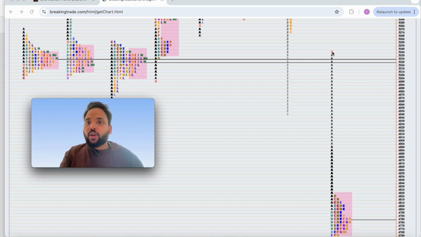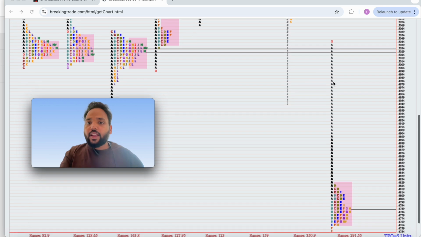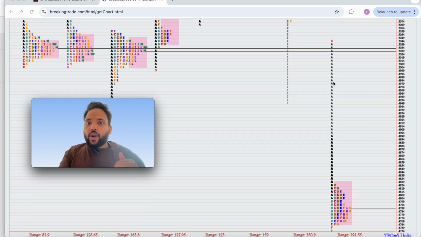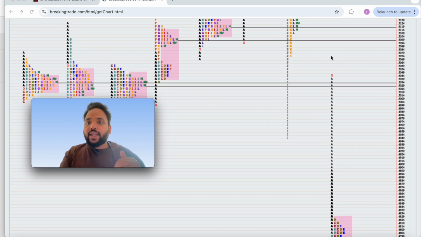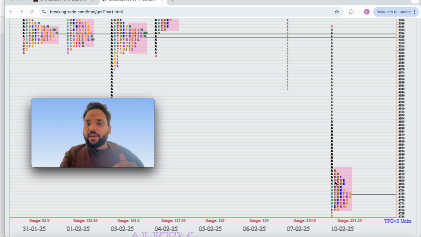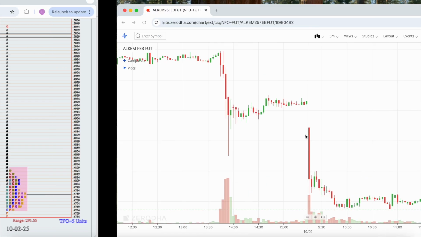As soon as the market opened, it started moving downward, forming the open drive without testing anything above. In the A period and also the B period, you can see the market move from 5044 to 4774. And for now, it is also moving in the downward direction only, forming this pink shaded area as a value area. To make it simpler, let's see the example in the candlestick.